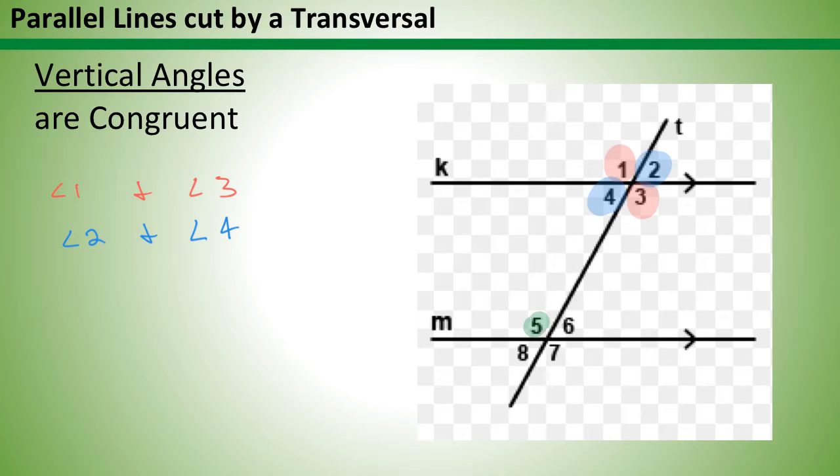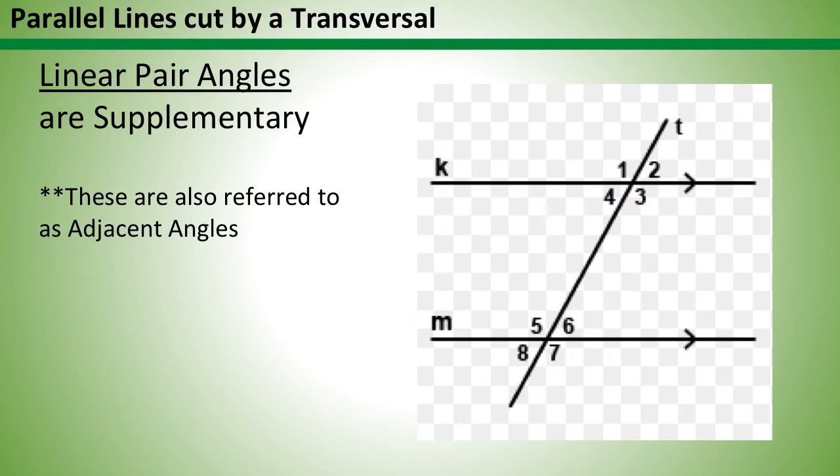We also have angle 5 and angle 7, and angle 6 and angle 8. Just like last week, vertical angles are always going to be congruent to each other. So we have 4 sets of vertical angles.